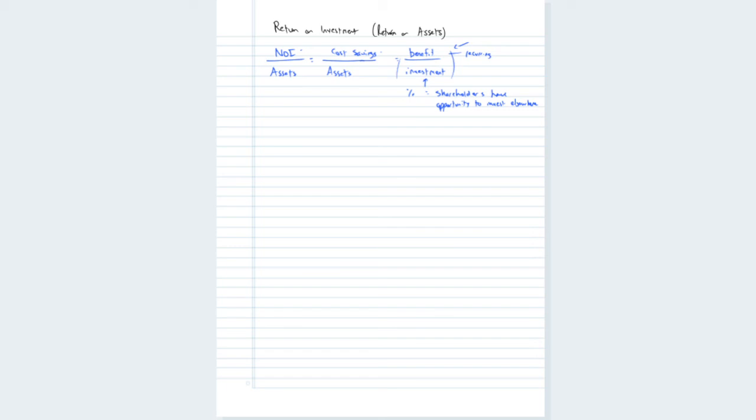So however the pain would come, the pain will come of shareholders moving their capital somewhere else if they don't see appropriate benefit.